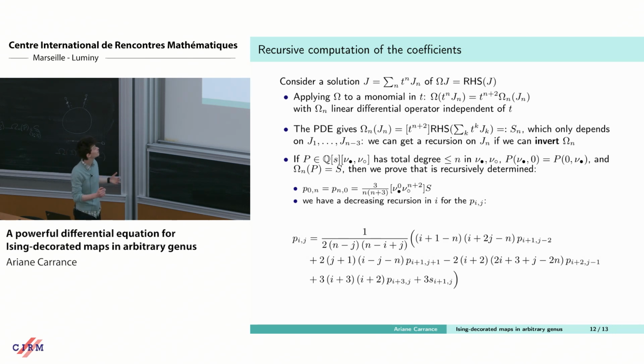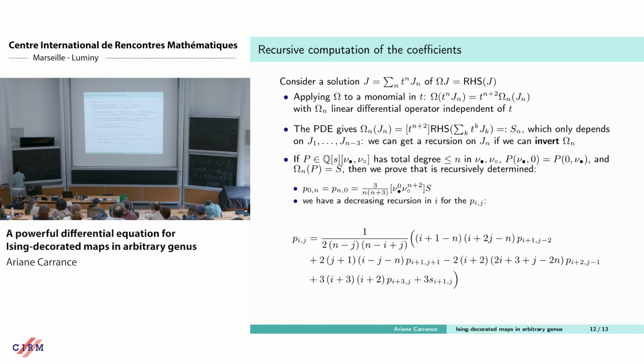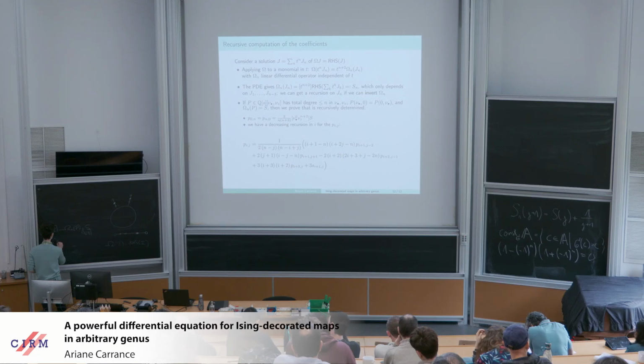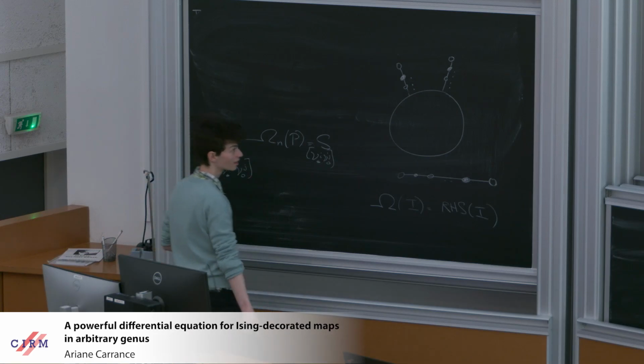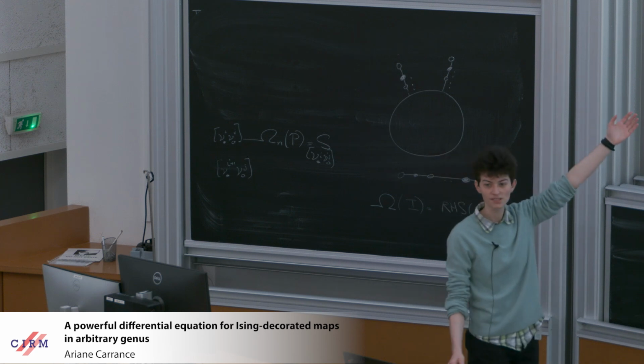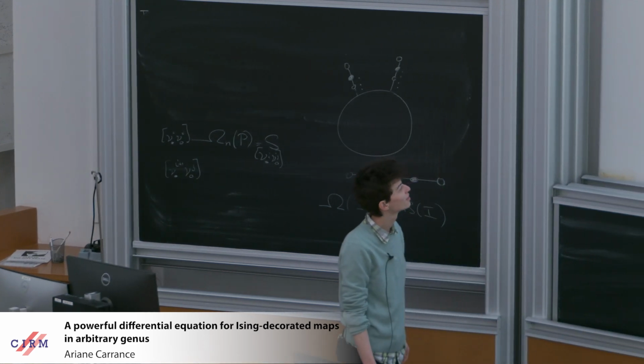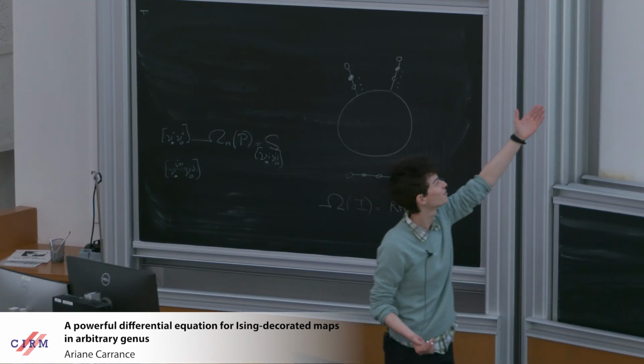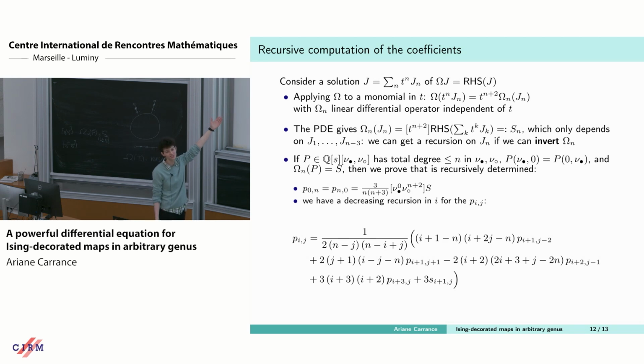And then if we look at the coefficient in nu black^(i+1) nu white^j, we get this. In other words, the coefficient in front of p_ij in this equation is non-zero.